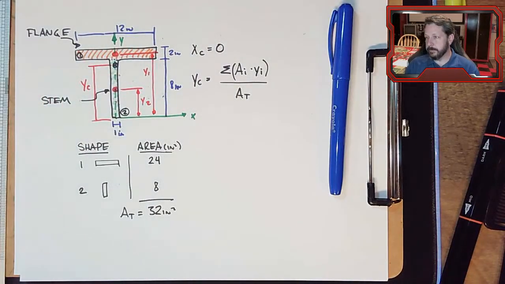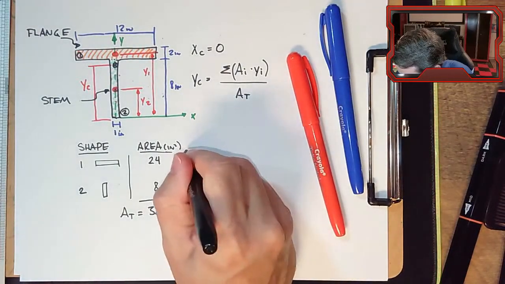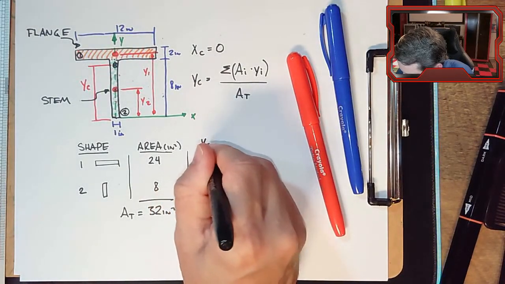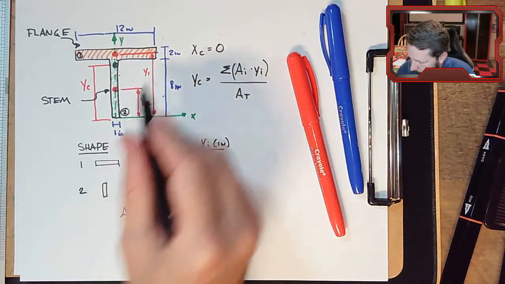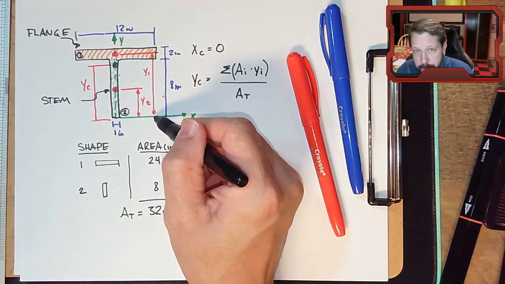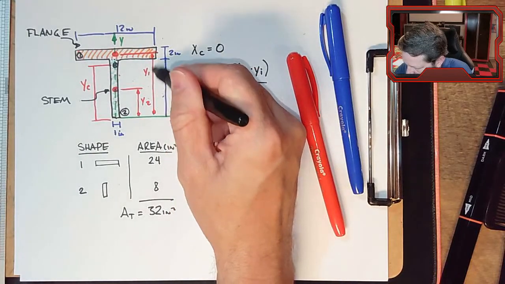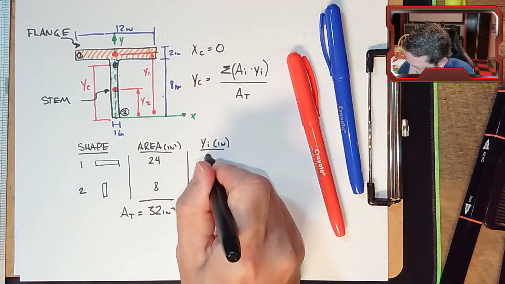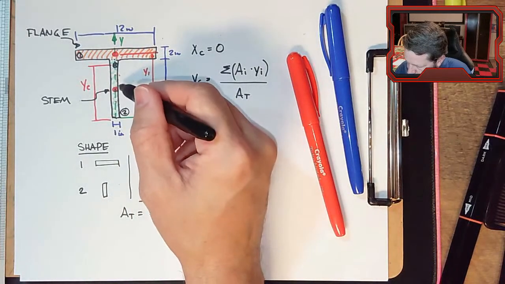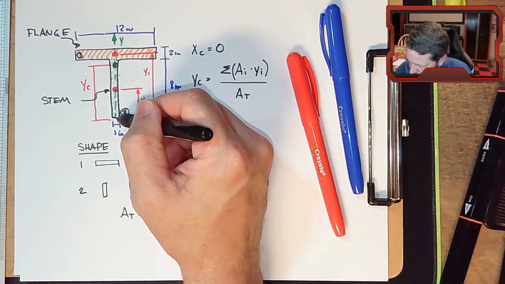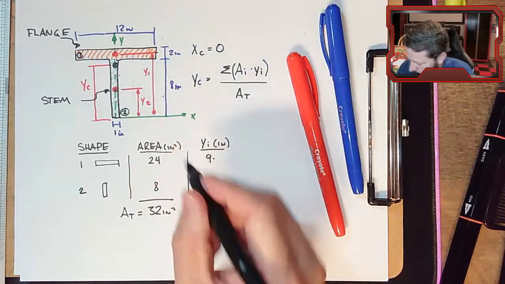That would be YC. So Y measured in inches. Y1 is, we start at our reference point, which is the x-axis for the Y measurements. So 8 plus 1, 9 inches. Well, I've already got the units in there, so 9. For part 2, the distance from the x-axis to the centroid of part 2, just the green shape, is 4.